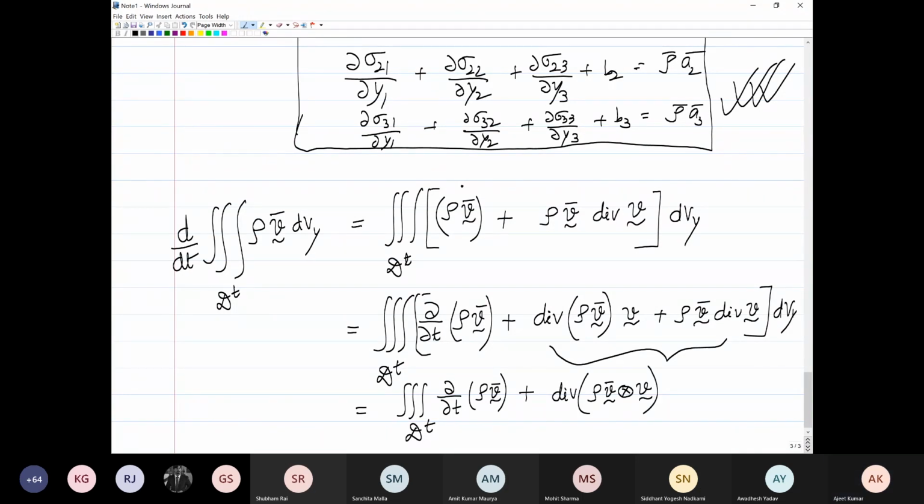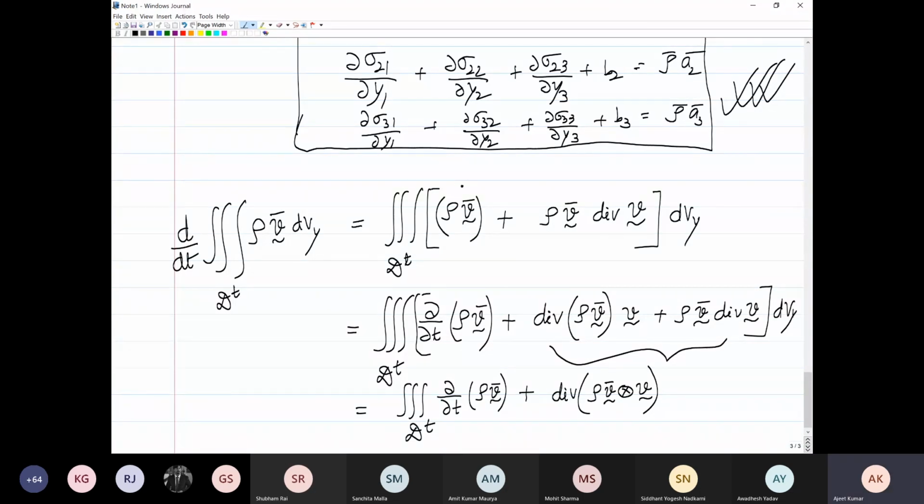So the two terms above are the same as divergence of rho v tensor product v. Maybe you should try to work this out in indicial notation and show that both give you the same indicial form.